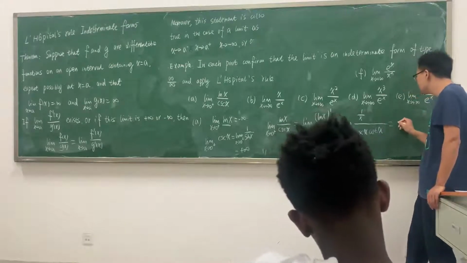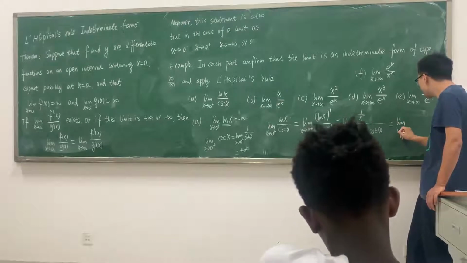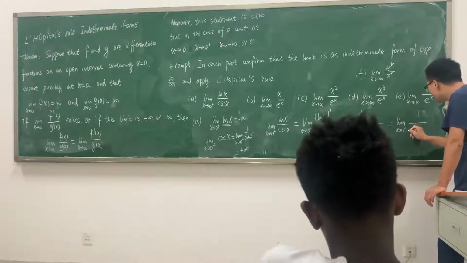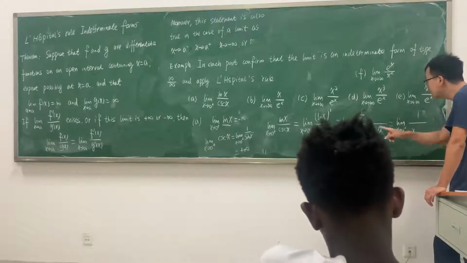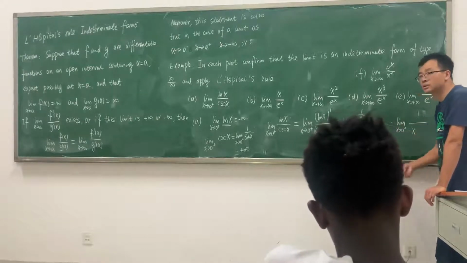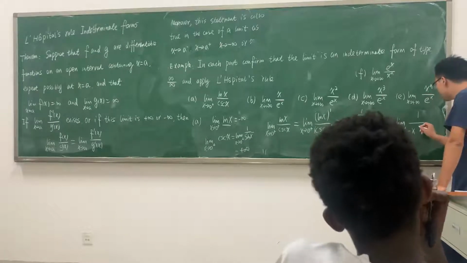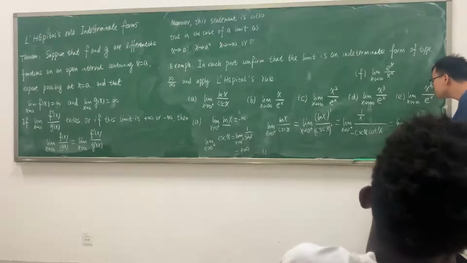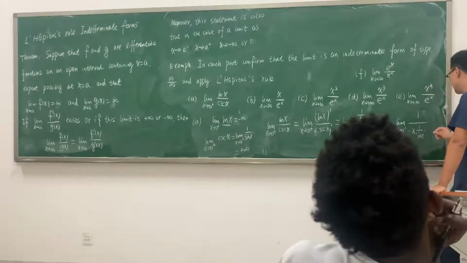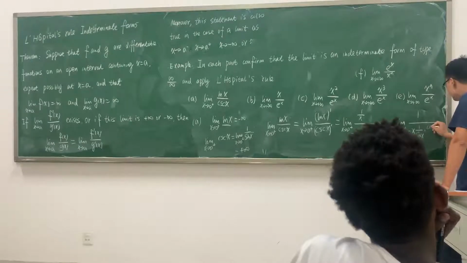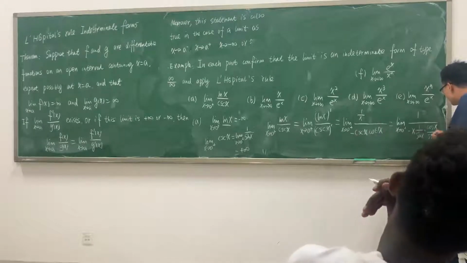So the limit as x approaches 0 from the right is 1 by minus x times cosecant x, where cosecant x is 1 by sin x, times cotangent x, which is cosine x divided by sin x.